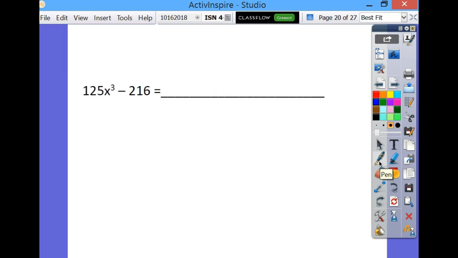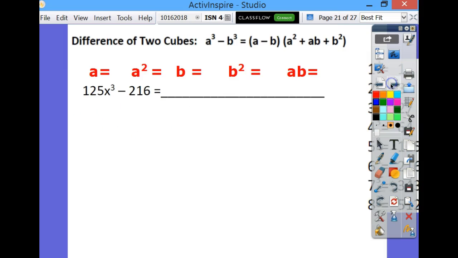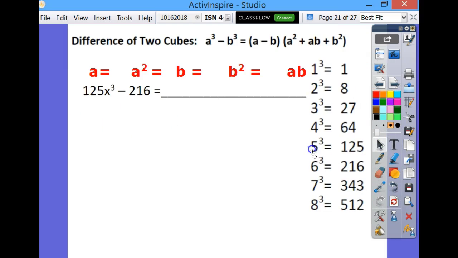Okay, I have to break this down into something raised to the third power, something raised to the third power. What was 125 before it got raised to the third power?